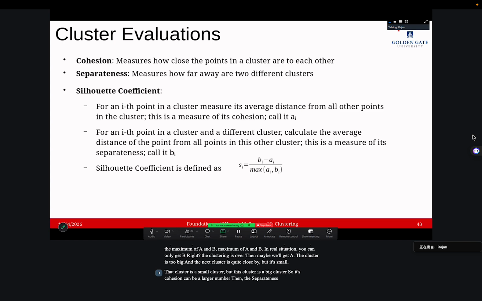It's possible for a point. So you take the maximum of A and B.